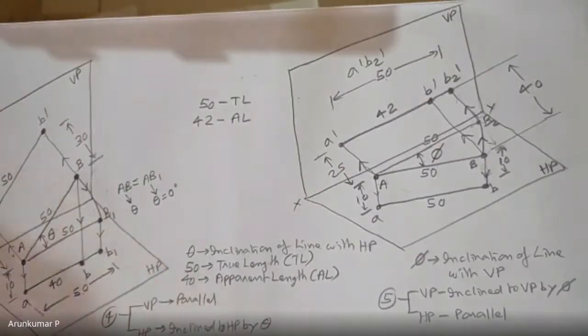In that case, the line is inclined to HP and VP both. So it is a very unique case on which all your problems are based.